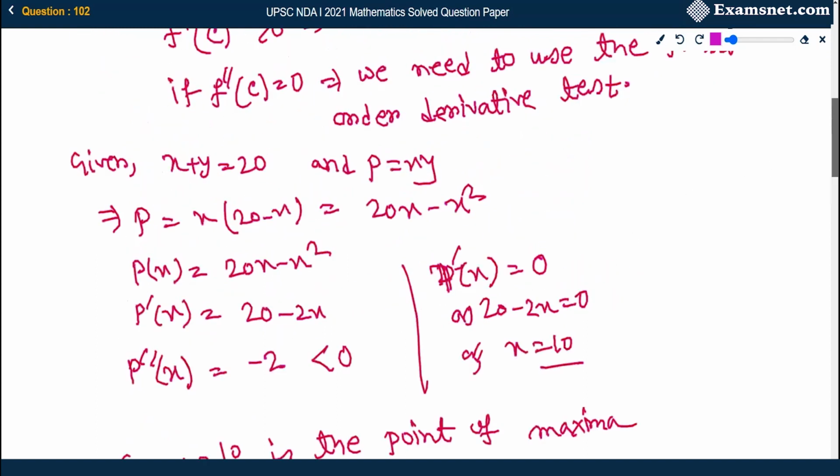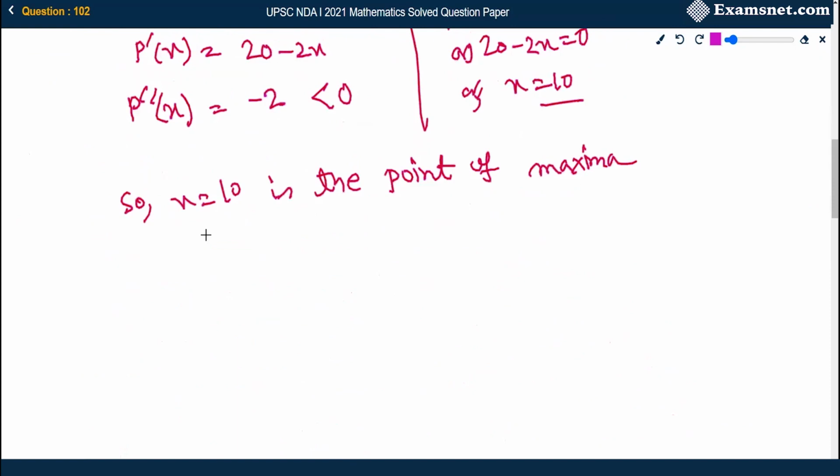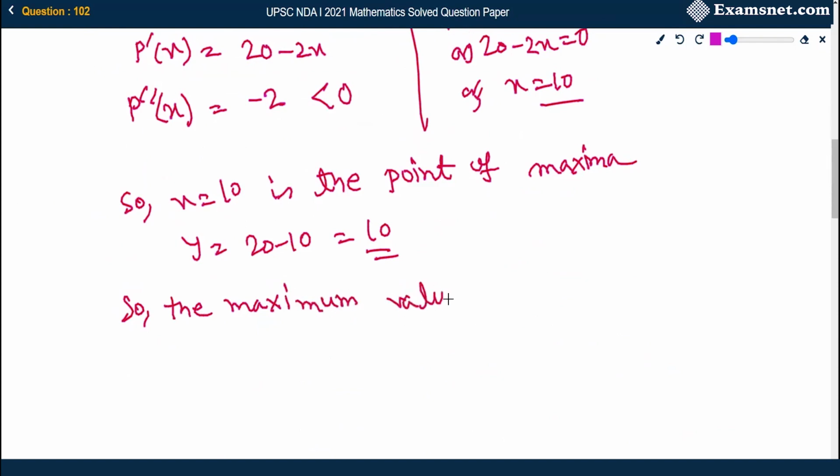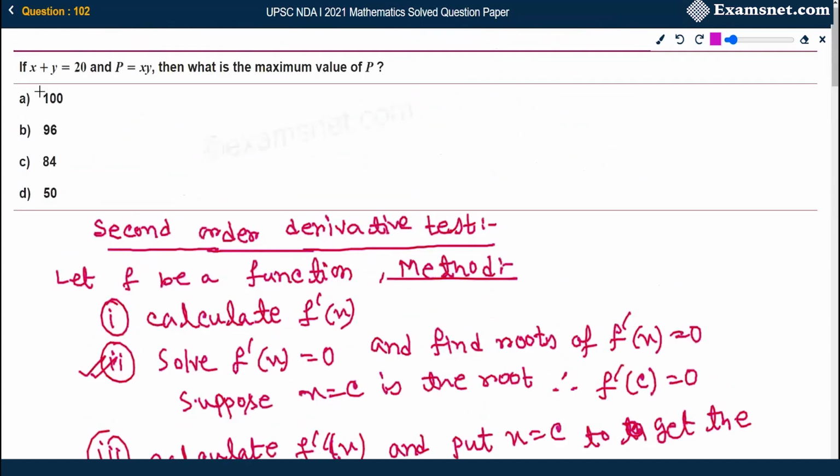What is the maximum value of p? y equals 20 minus x, 20 minus 10, which is 10. So y equals 10 if x equals 10. The maximum value of p equals xy, that is 10 multiplied by 10, 100. So here option 1, the first option, is the correct one.